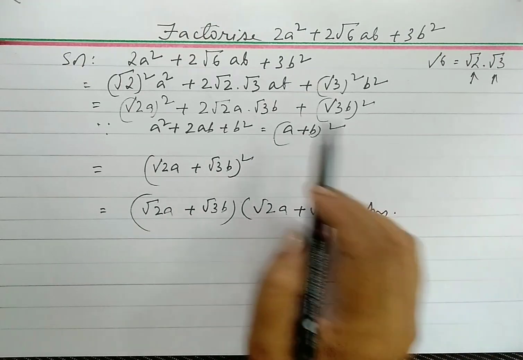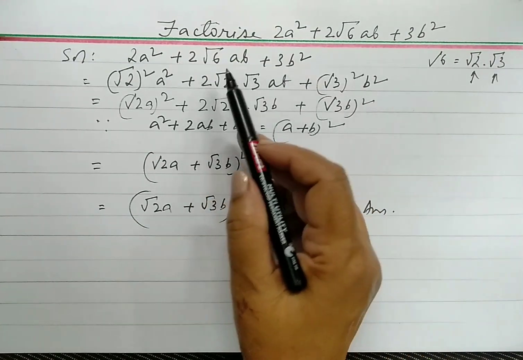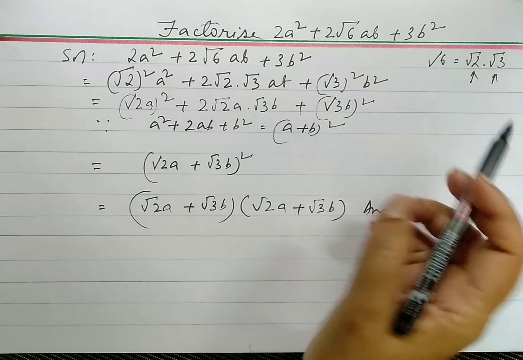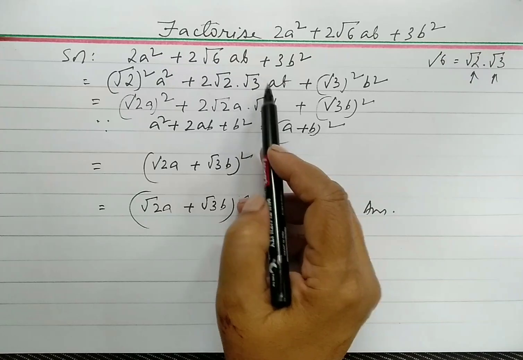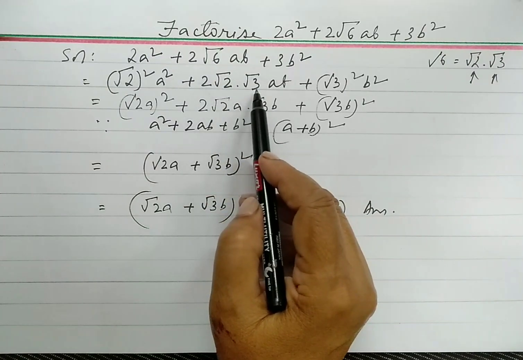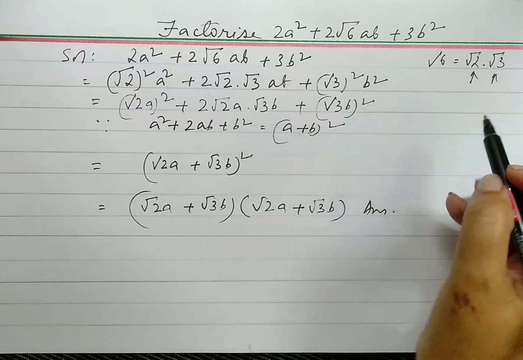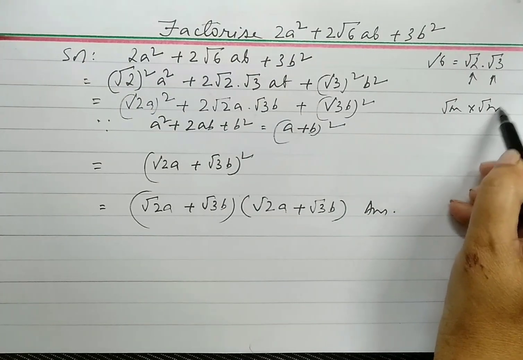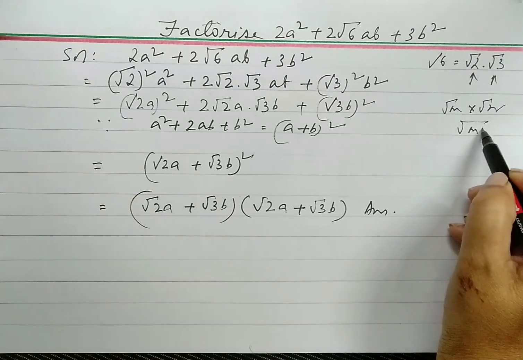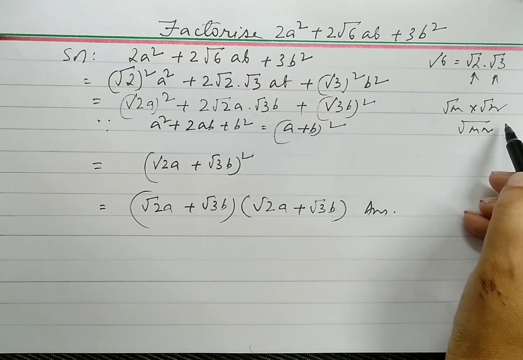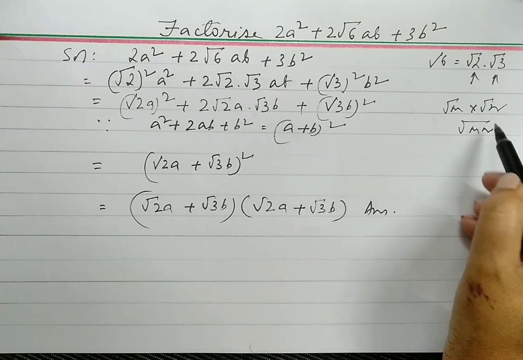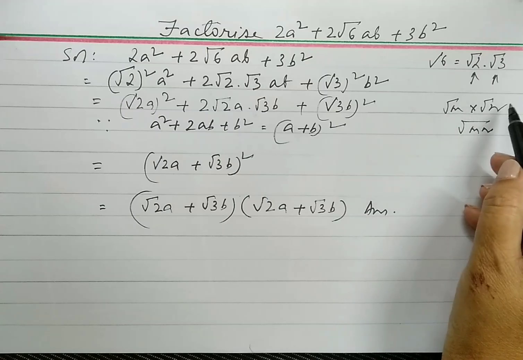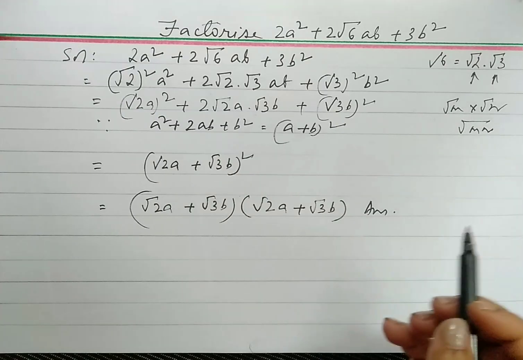So the only thing you had to struggle with, or imagine, here was that √6 was the key to open this lock, which we did very conveniently, because √2 into √3. Whenever you have √m multiplied by √n, we can write it under the same square root, because they are of the same root standard.